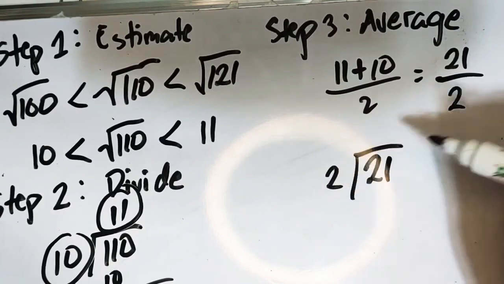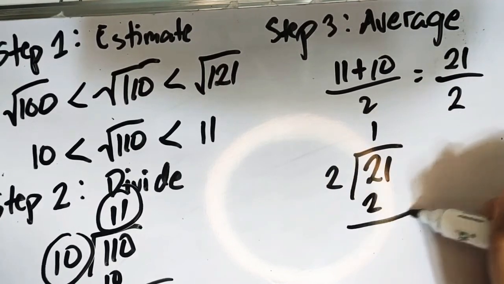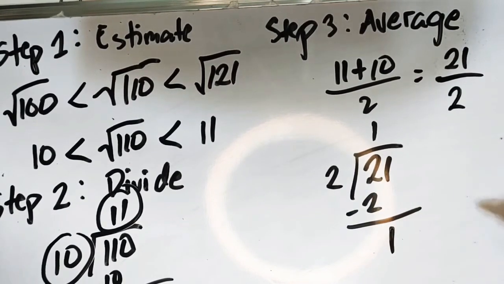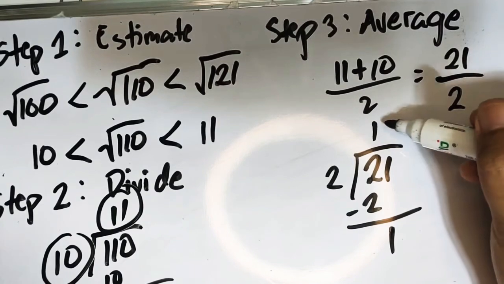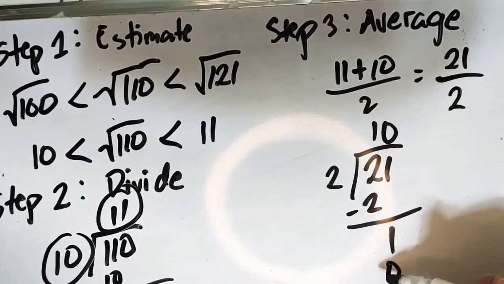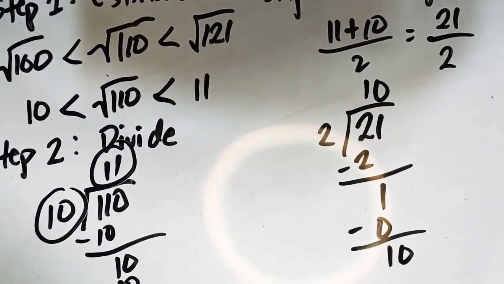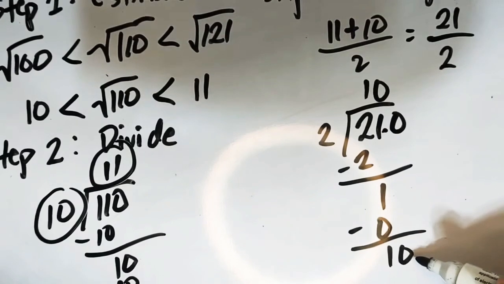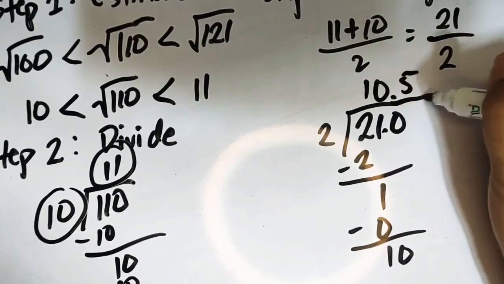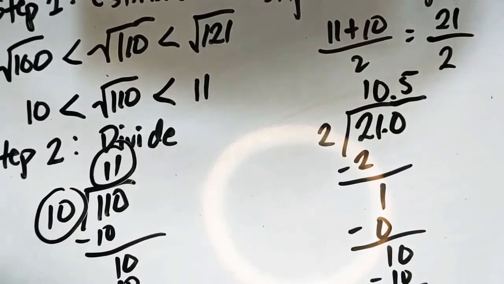21 divided by 2 is equal to 1. 1 times 2 is 2. And 2 minus 2 is 0. Bring down 1. 1 divided by 2 is 0. 0 times 2 is 0. So we have 1. Bring down, let's add 0. Mag-add tayo ng 0 dito. So we have 10 divided by 2 is equal to 5. And 5 times 2 is equal to 10. So we have now 0 remainder.